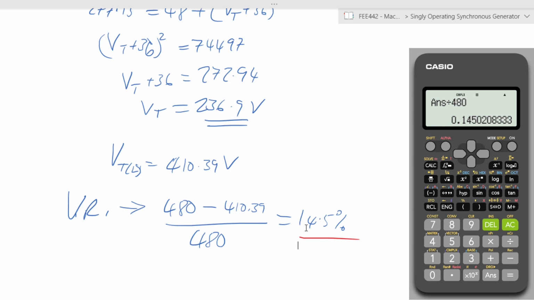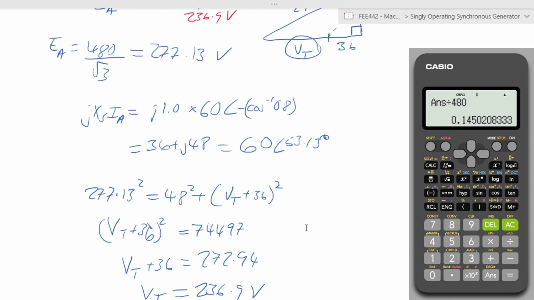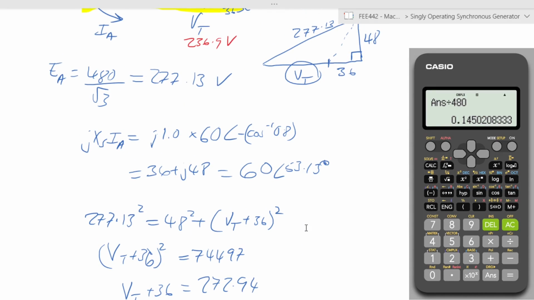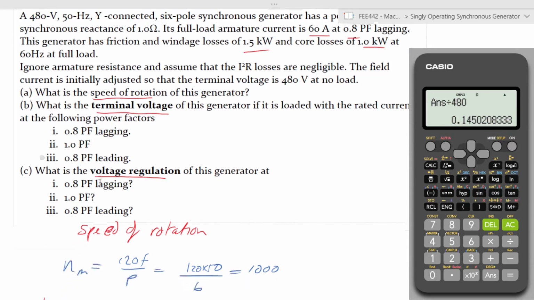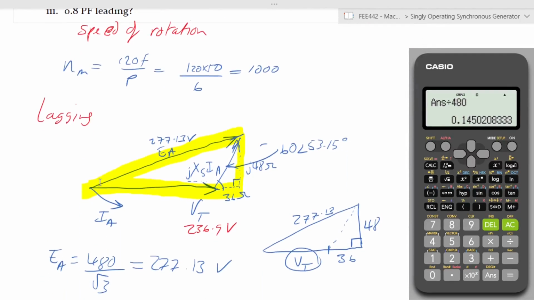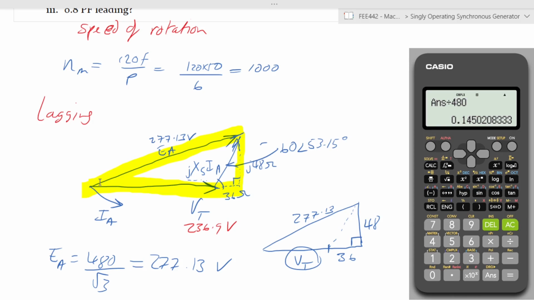So on the back of that, I think we can continue with the rest, just finish up the rest of the examples, similar to what we've shown at unity power factor and at leading power factor. And with that, I think we've come to the end. Are there any questions on these topics that we've covered so far?